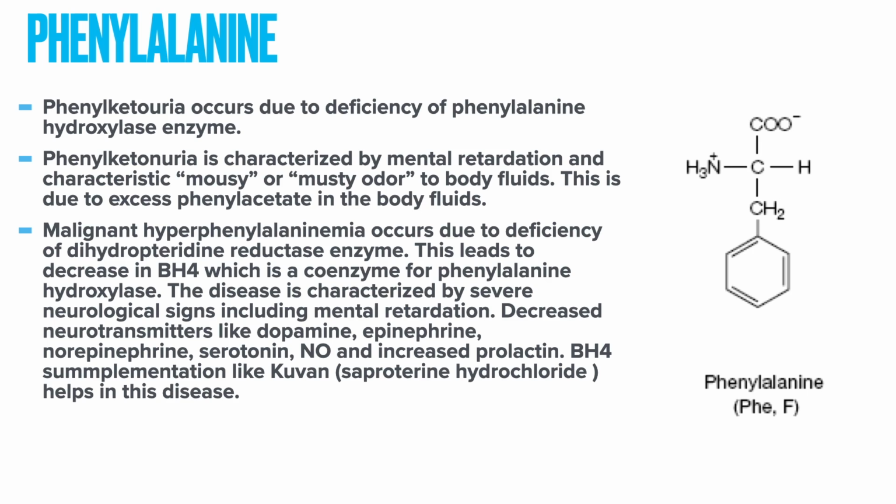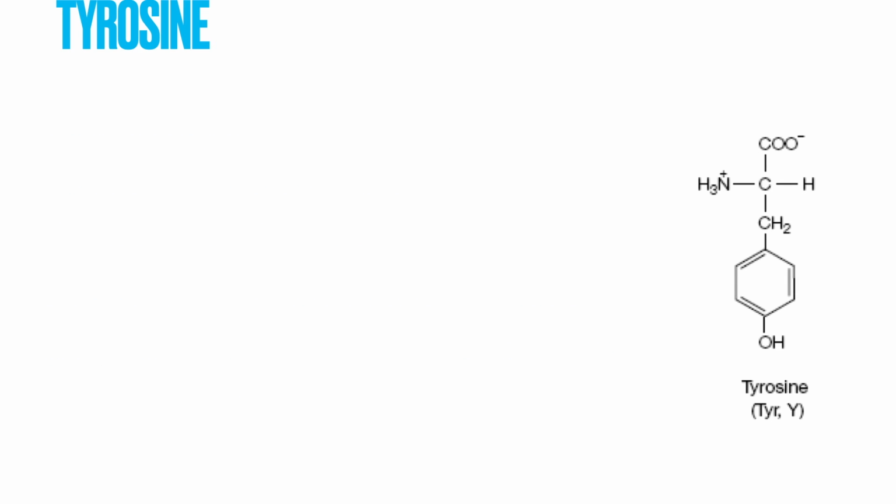Overall, in this disease there will be a decrease in dopamine, norepinephrine, epinephrine, serotonin, and nitric oxide, and there will be an increase in prolactin, because normally dopamine has an inhibitory effect on prolactin secretion. When dopamine is decreased in this disease, prolactin level will be increased.